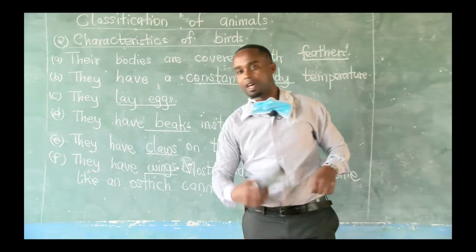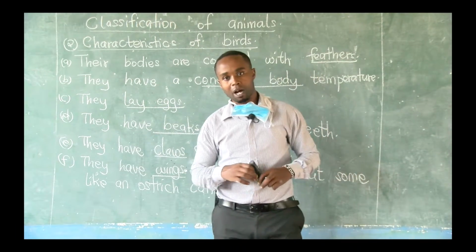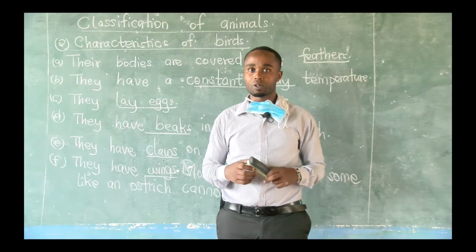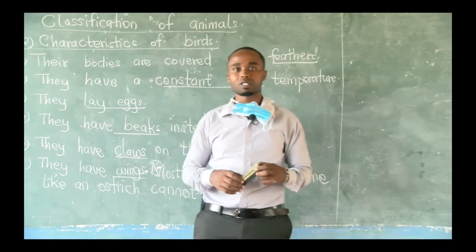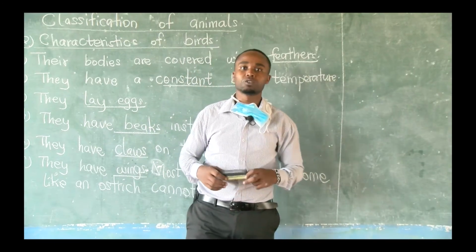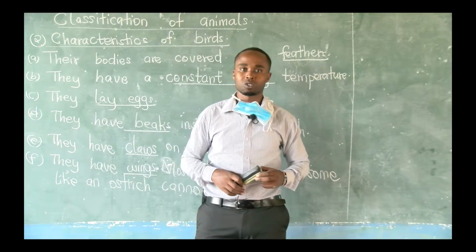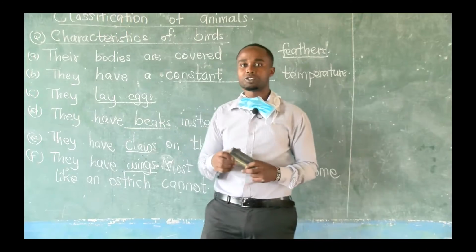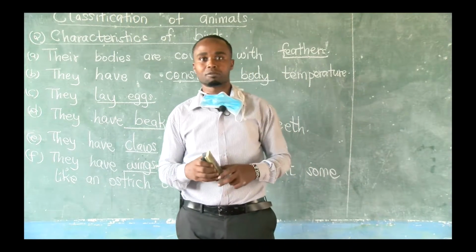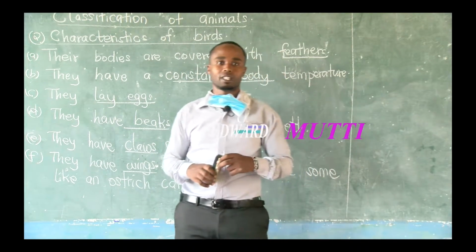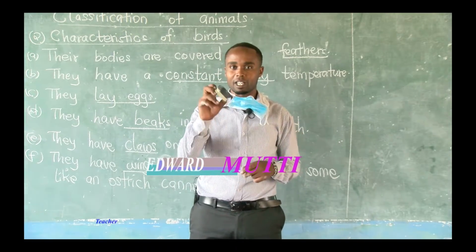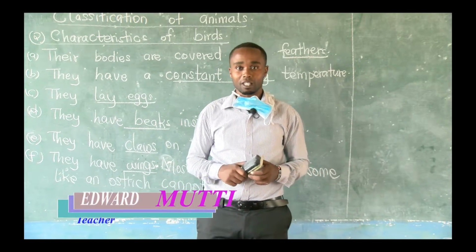So those are some of the characteristics of birds, and I hope after going through those characteristics, you're in a position to give out examples of birds. So somebody try out and give examples of birds that they know. Yes, I can see you discussing.